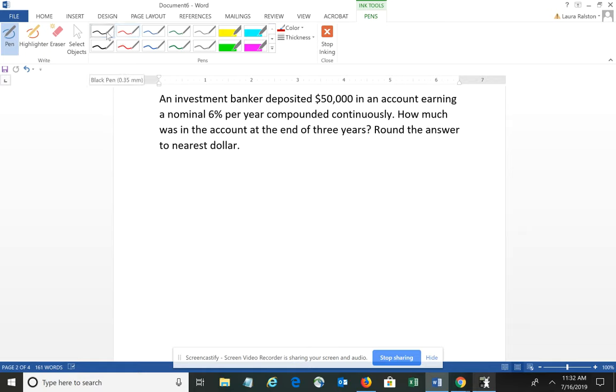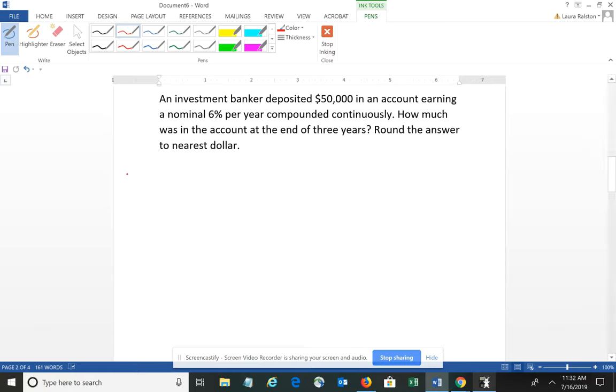Okay, so the second question says an investment banker deposited $5,000 in an account earning a nominal 6% per year compounded continuously. How much was in the account at the end of 3 years, and round the answer to the nearest dollar.